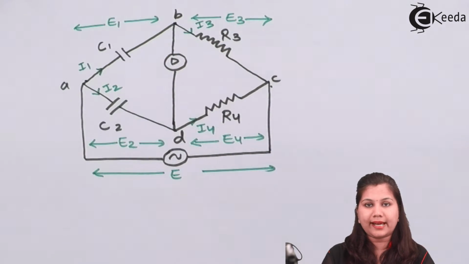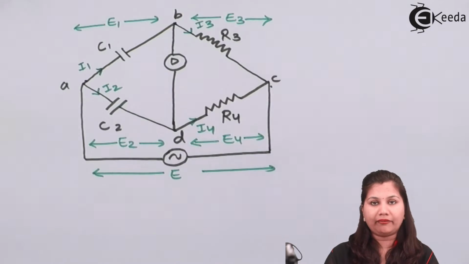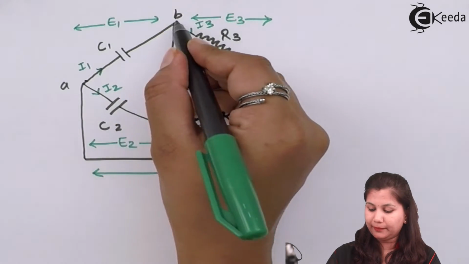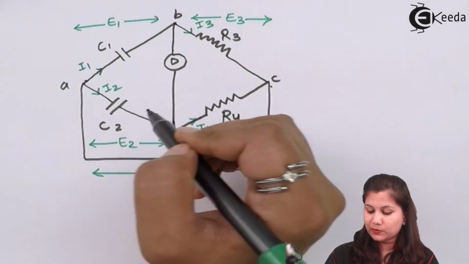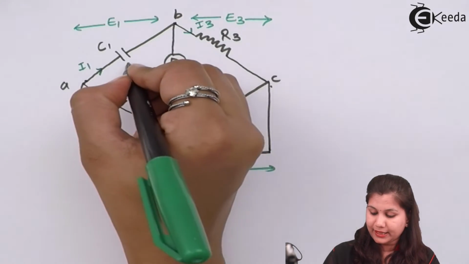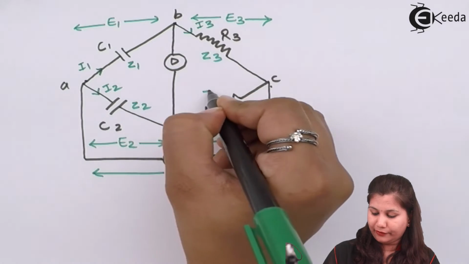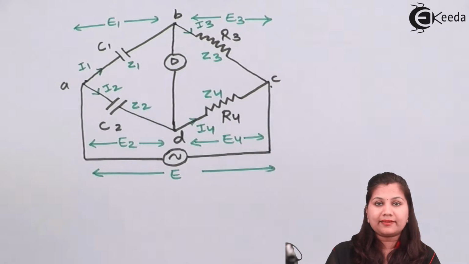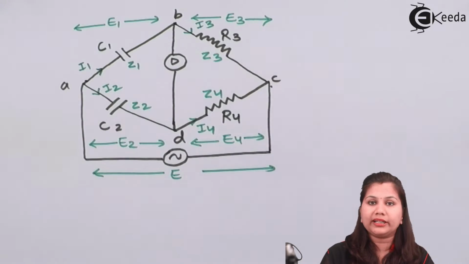So this is the circuit diagram for the Sauty bridge. In this bridge you can see we are having 4 arms AB, BC, CD and DA. And in these 4 arms we are having the 4 impedances. This is Z1, this is Z2, Z3 and Z4. As I said, these impedances can be a capacitor, resistor or an inductor.